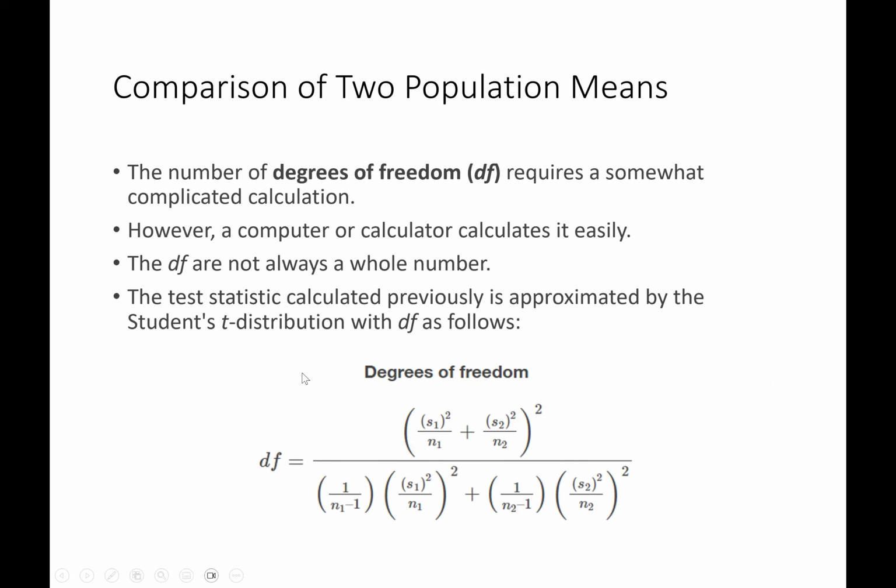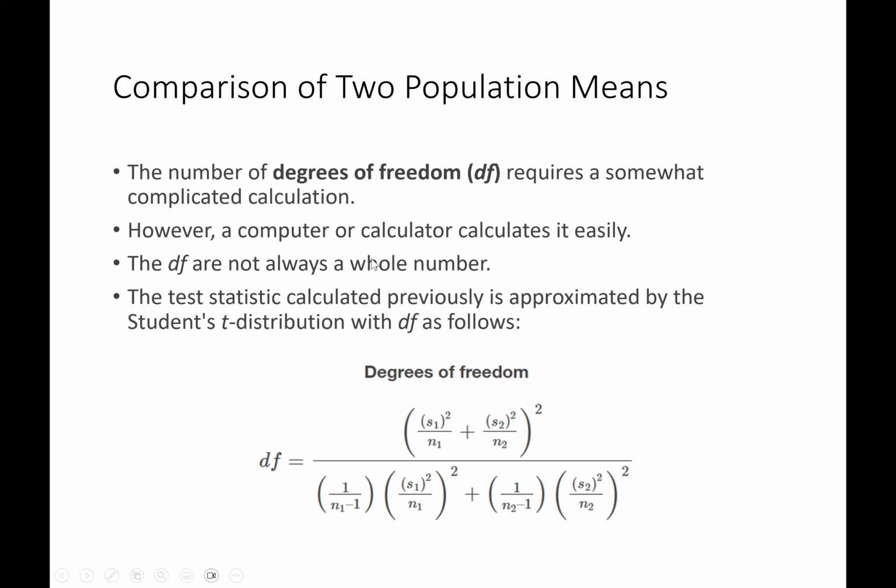To calculate the degrees of freedom for this test, because a student's T depends on the degrees of freedom, you've got a fairly ugly calculation here for the degrees of freedom, and it doesn't give you an even number. It's going to be a decimal most of the time.